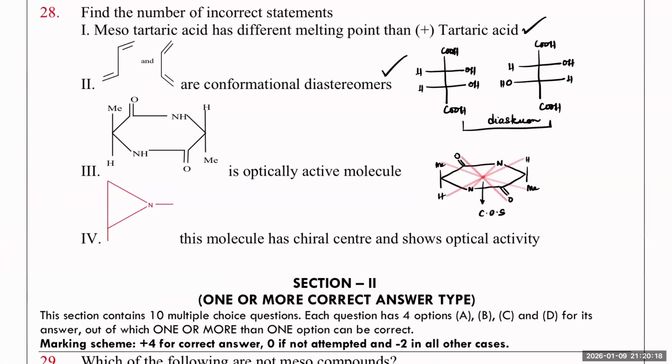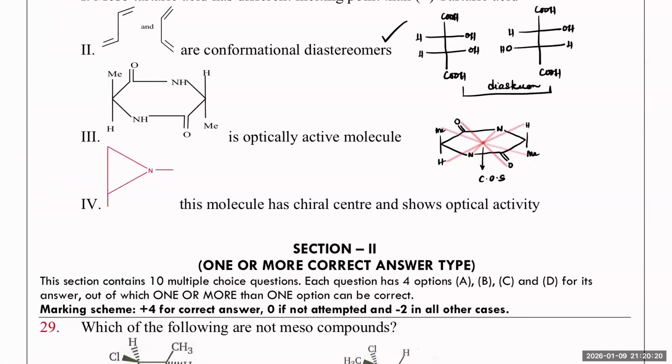When a molecule possesses a center of symmetry, will it be optically active? No. So this statement is incorrect. It says the molecule is optically active, but it is not because it possesses a center of symmetry. It may not possess a plane of symmetry, but it does have a center of symmetry. Clear?